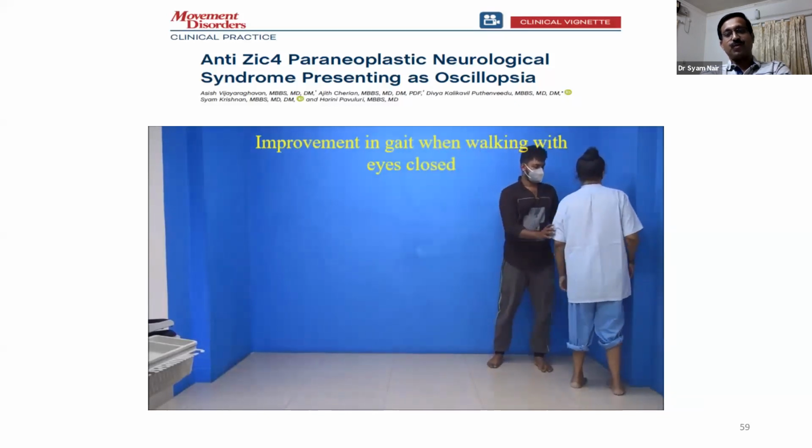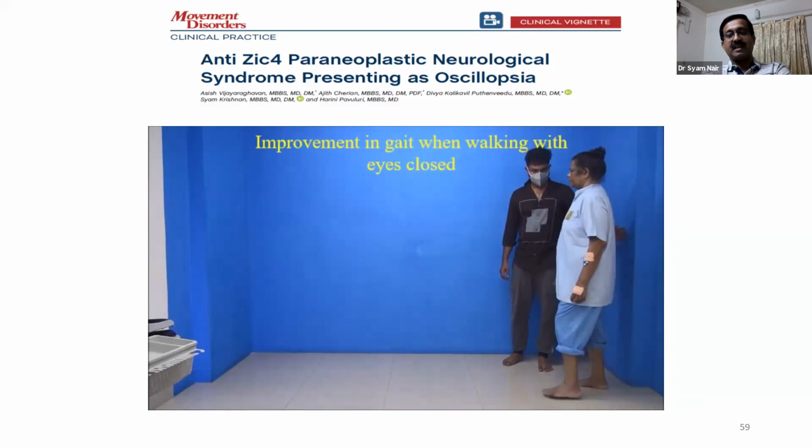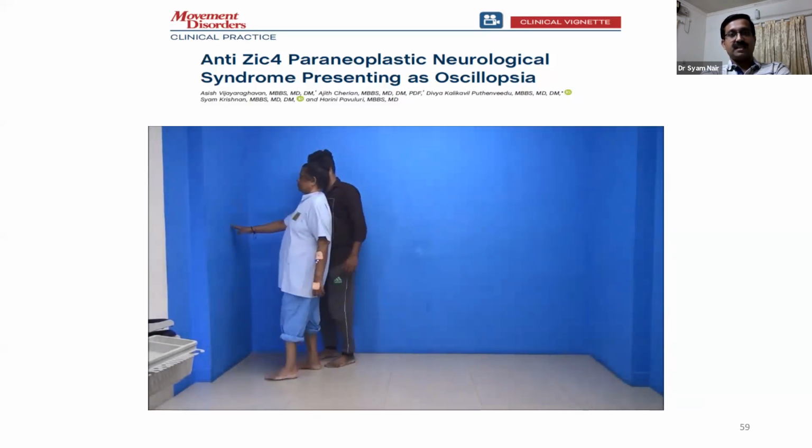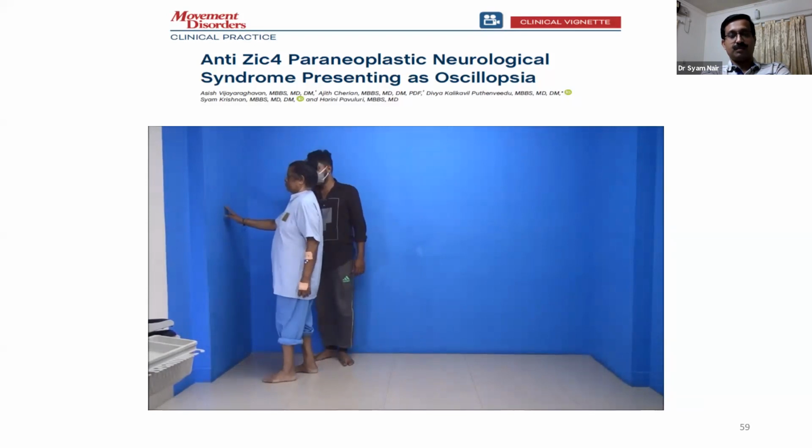This is a phenomenon which you get in oscillopsia. When there is a significant degree of oscillopsia, which is seen in patients with impaired vestibulo-ocular responses, when you walk, when there are head movements, the fixation will not be correct. Eyes will be continuously moving. The patient will not be able to fix. And because of that, there will be oscillopsia. The environment will be dancing.